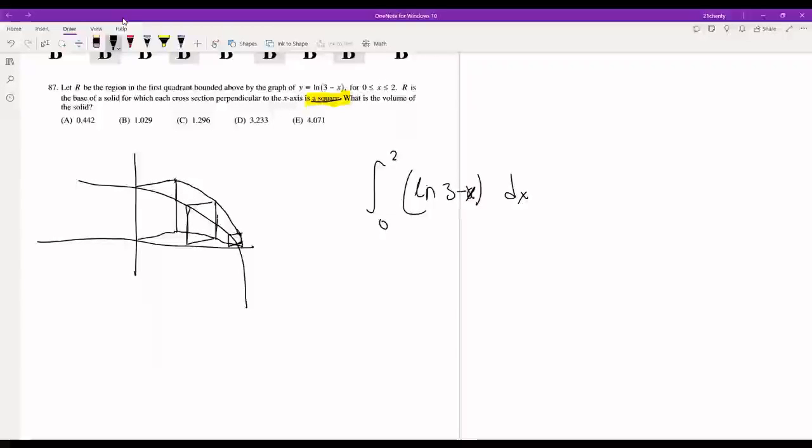But since we are taking the volume of a square, how do you find the area of a square? It is side squared. This is one side of the square, and this is the other side. So the function is one side, which means we can just square the function in our integral and then take the integral of that. And what we end up with is our answer, which is 1.029, or B.